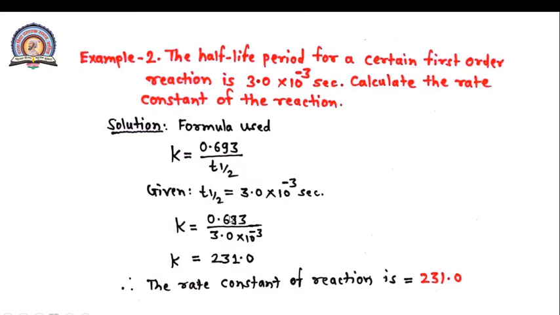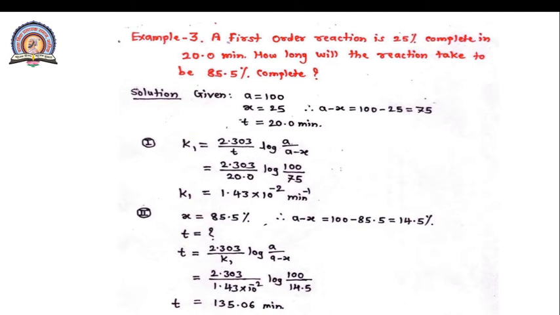Then k = 0.693 / (3.0 × 10^-3). Solving these steps, the value obtained is k = 231, and therefore the rate constant of the reaction is 231.0.